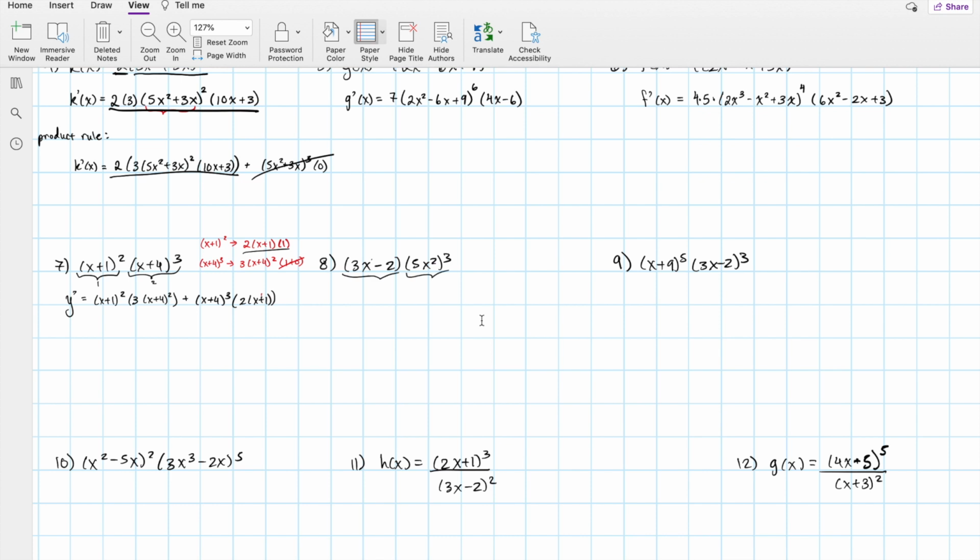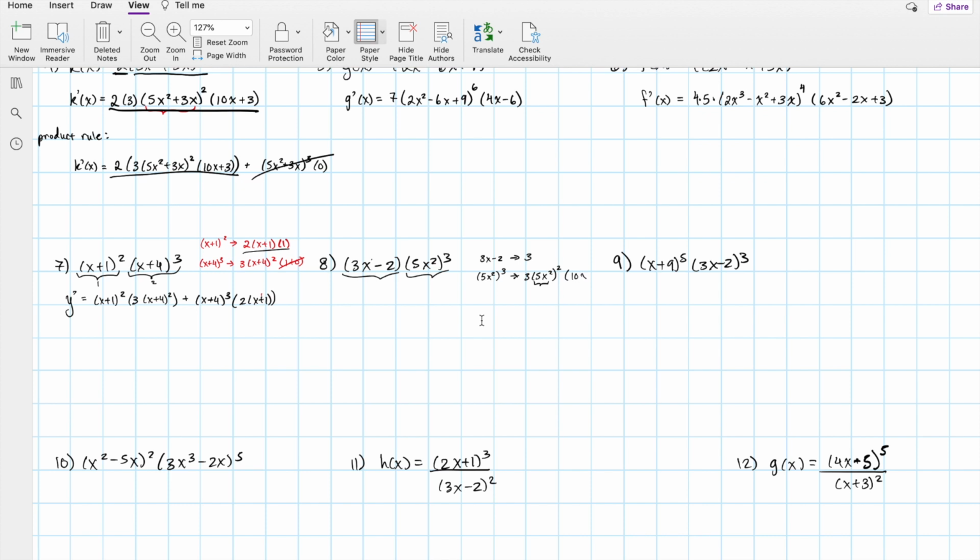The derivative of (5x squared) to the 3 is 3 times (5x squared) to the power of 2, multiplied by the derivative of what's inside the bracket, which is 10x.